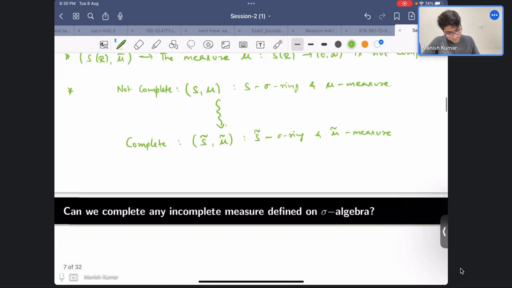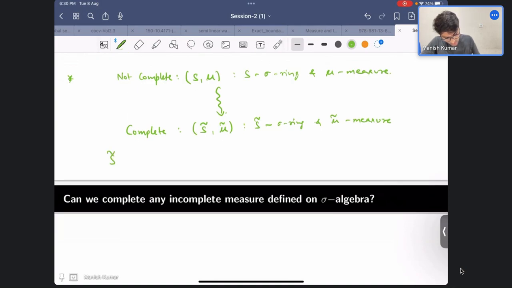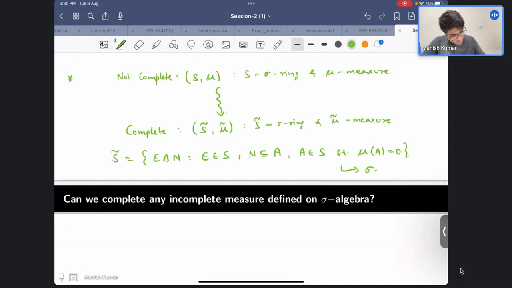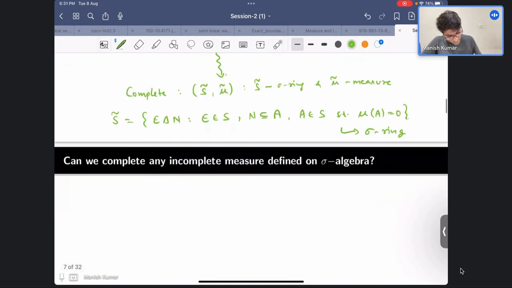Let me just recall all the things. For S tilde, you defined sets of the form E symmetric difference N, such that E belongs to S and N is a subset of A, where A is also in S, the initial sigma ring, with mu of A equal to 0. You have shown that this is also a sigma ring, and then you define mu tilde.